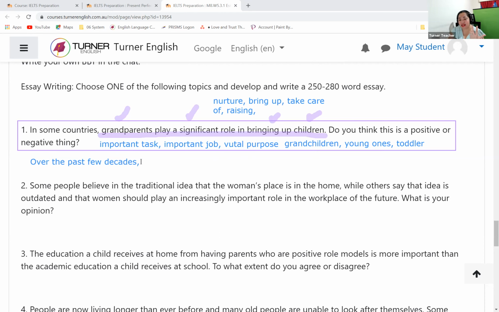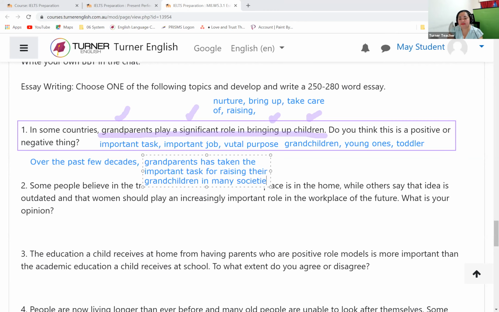So over the past few decades, grandparents has taken the important task of raising their grandchildren, children in many societies.